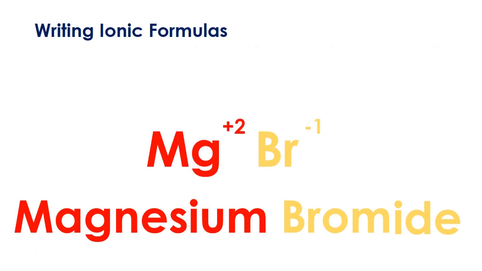So we can start by indicating the charge of magnesium and the charge of bromine. Remember the way that we learned to write our charges: we know that our metals lose electrons in order to become like noble gases, so they're going to have positive charges, and our nonmetals tend to gain electrons, so they're going to have negative charges.